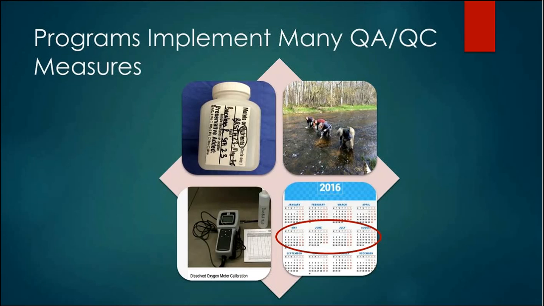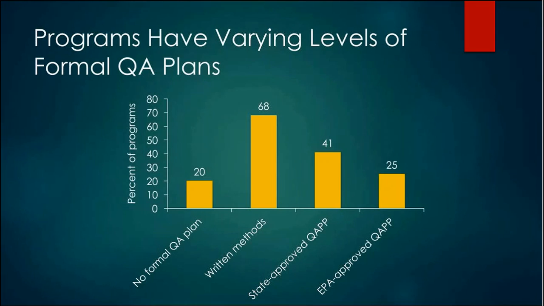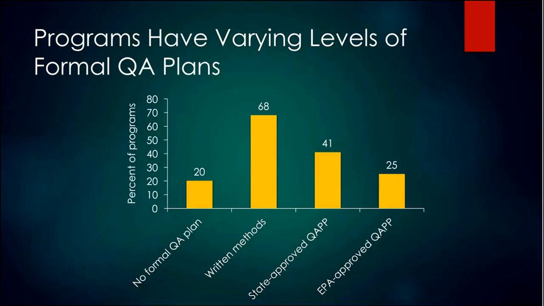One of the ways that they do this is by developing what's called a quality assurance project plan. And so programs that are funded by the EPA are required to have a quality assurance project plan, but other programs are not, but they can.